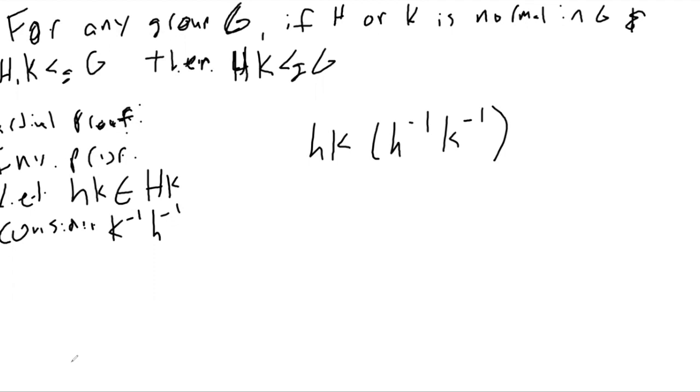Like for instance, in multiplication of the integers, we know that commutes, right? Because 2 times 3 times 4 is the same thing as 2 times 4 times 3. But in this instance, we don't know that this is true. So that's why we have to have the k first. So let's go back here. Consider k inverse h inverse.